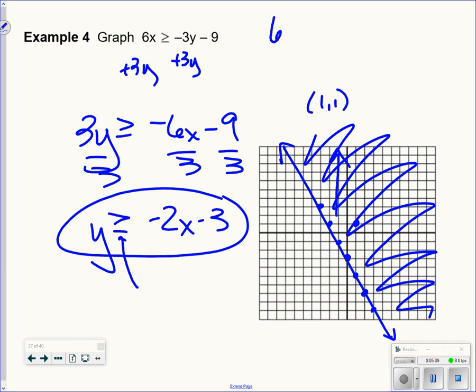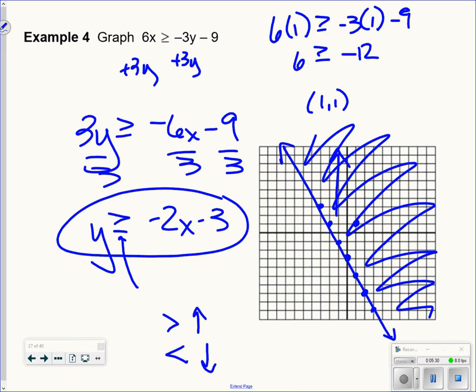If you put 1 in for x and 1 in for y, does it work? Is 6 greater than or equal to negative 12? The answer to that is yes, which is why that side of the line is shaded. So again, you can either think greater than is above and less than is below, or test a point to decide where to shade.